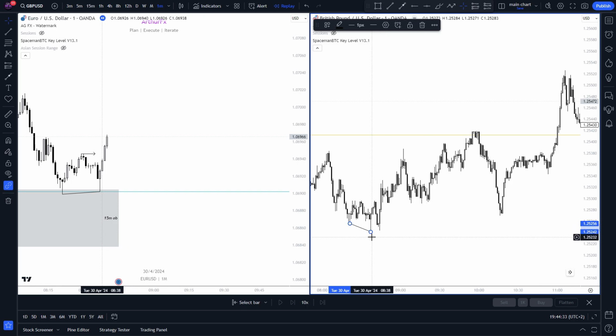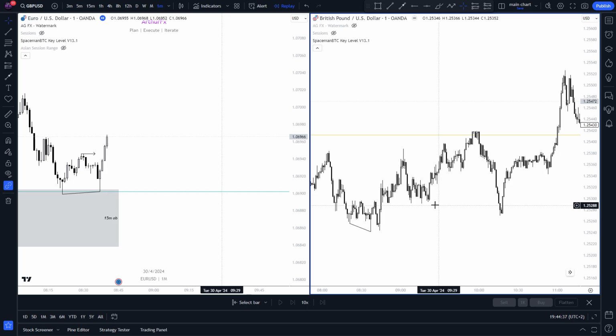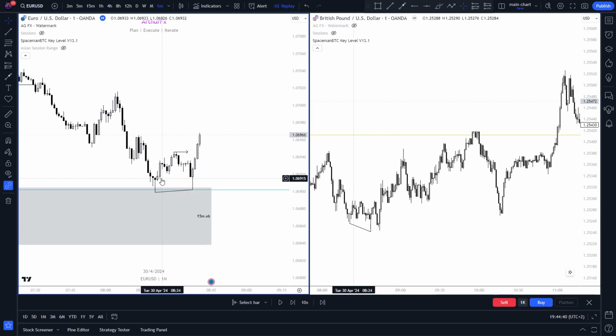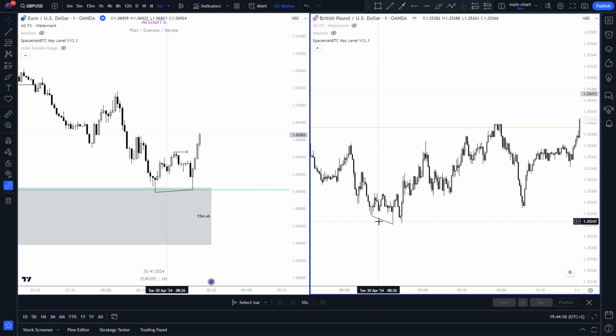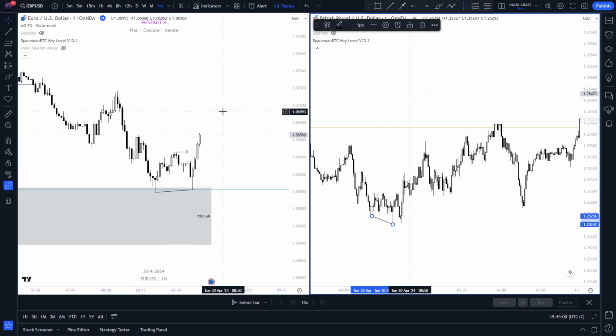As you can see, the lines match up with the EU chart and the GU chart. So right here I saw that EU actually made a higher low and it respected this low, whilst on GU it actually broke this low and then continued up. So this indicates to me that we have an SMT with GU making EU the stronger pair.